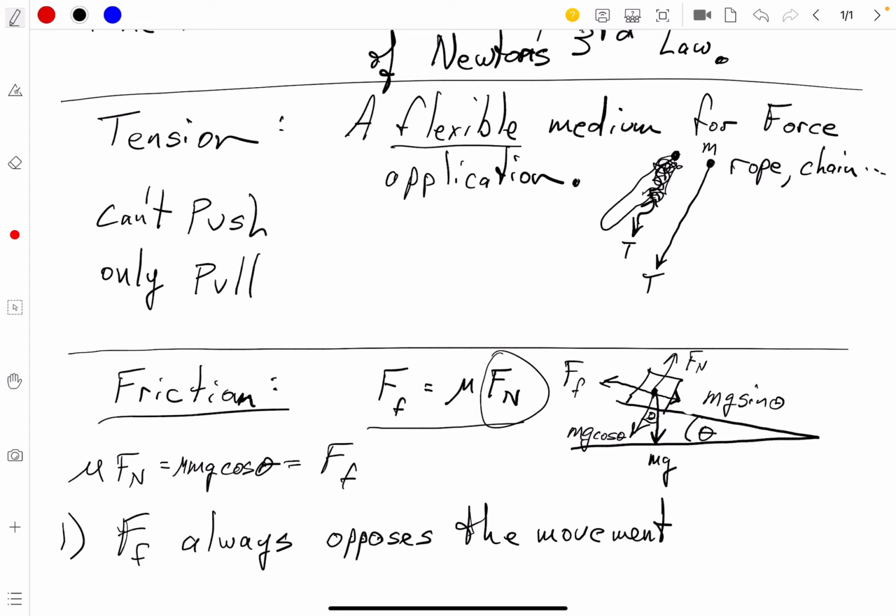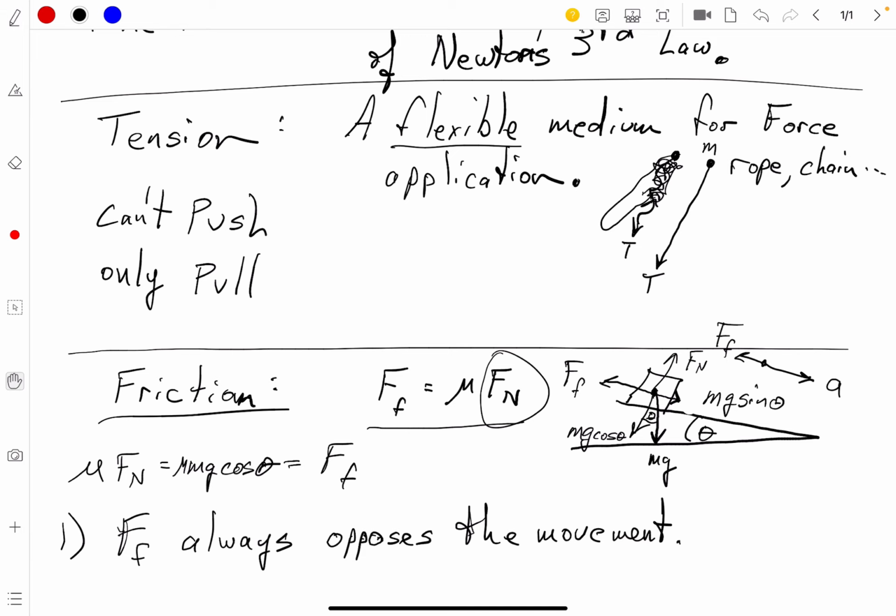So if you've got something that wants to go in this direction or will be accelerated in that direction, the exact opposite direction is where your force of friction is going to go. Okay? All right. Always opposes the movement.